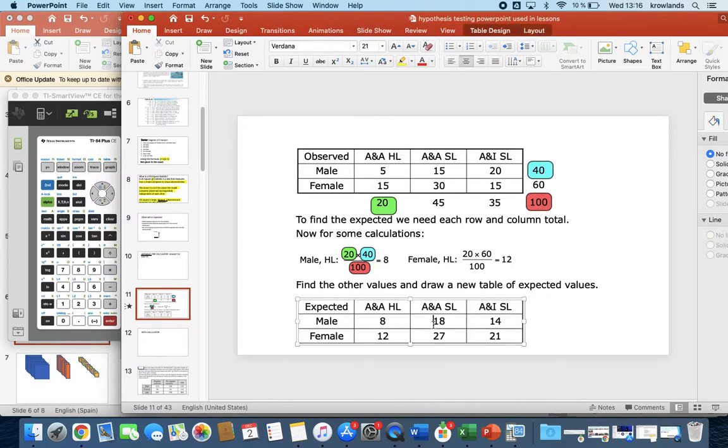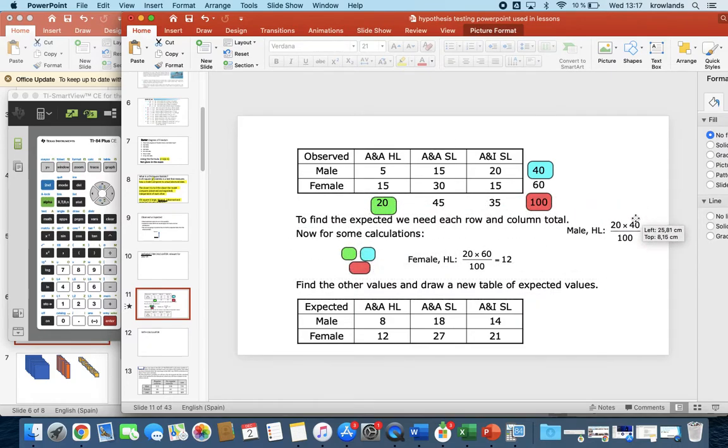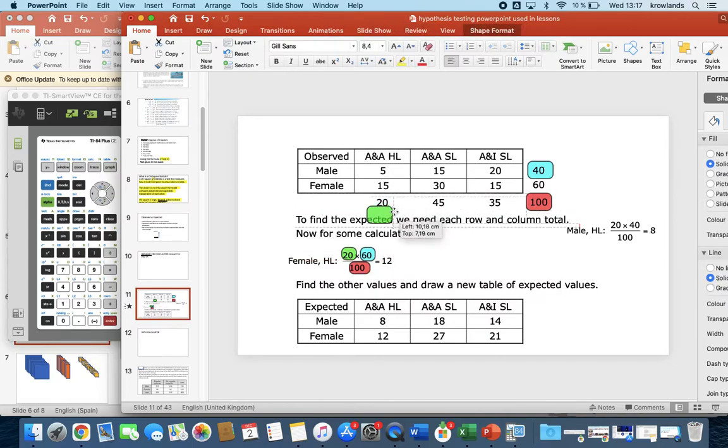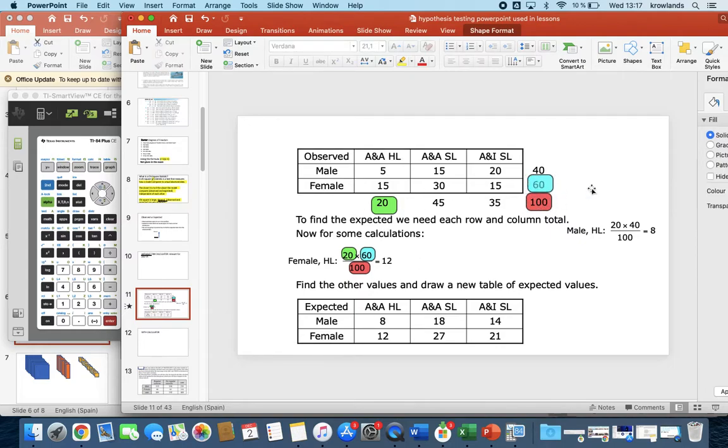Therefore, to find this 12, I'm going to do a similar process. We're going to do 20, but this time 60, because we're talking about the females, divided by 100. So this is going to give us this value of 12 here. And then we would keep repeating the process.